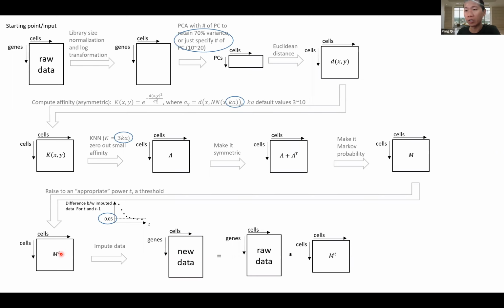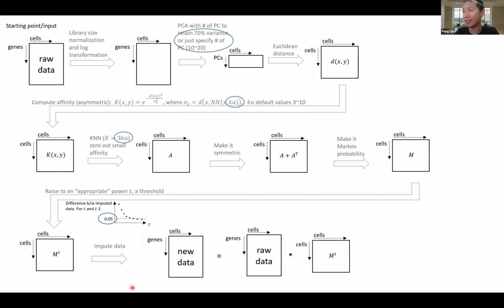If we determine an appropriate t, then for this particular cell, although its gene expression profile is very sparse, I can look at this cell's t-step neighbors and use all those neighbors to help this cell impute its gene expression profile. So at the end of the day, this M raised to the t power matrix will basically describe this t-step transition: for each cell, how much help it should get from all the t-step neighboring cells.